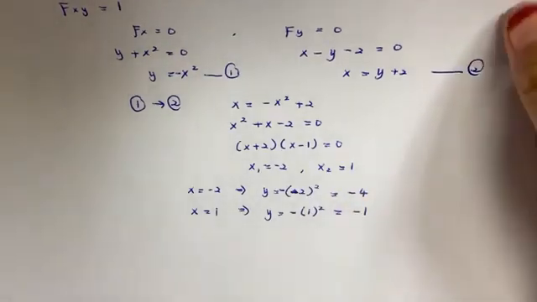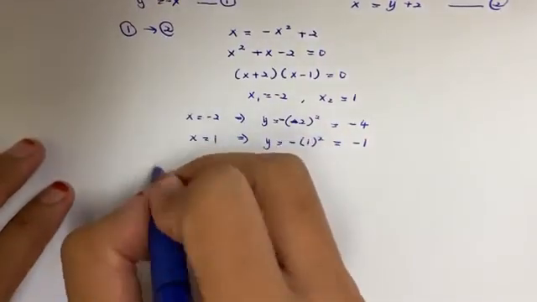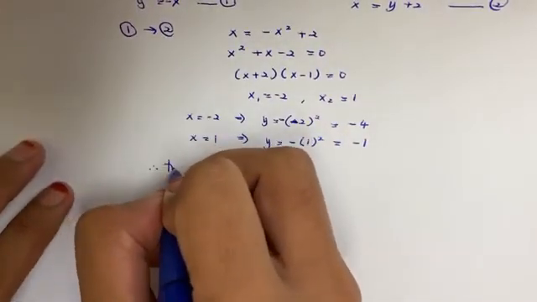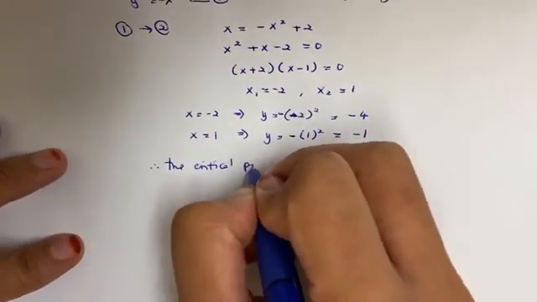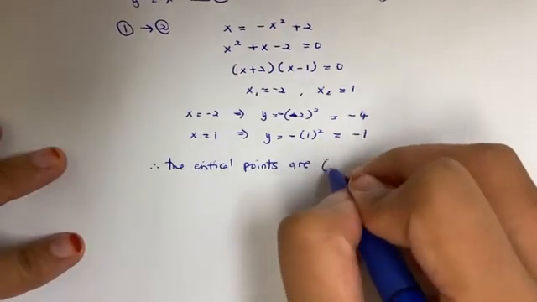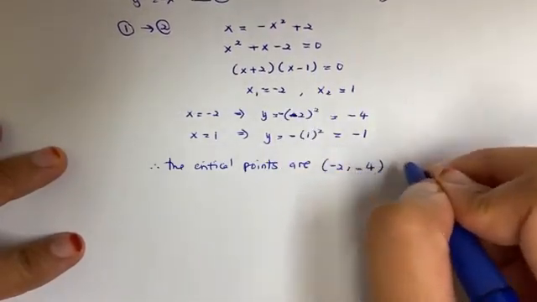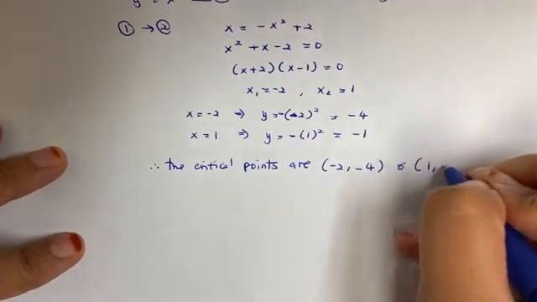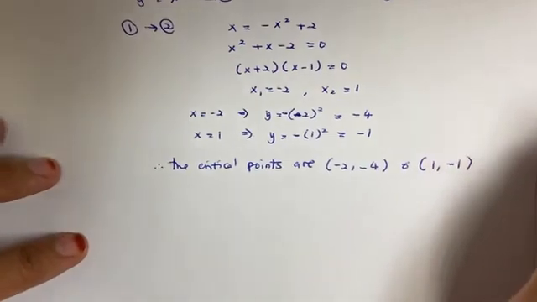So the two critical points you have here are negative 2, negative 4, and 1, negative 1. So we are done with the first step.